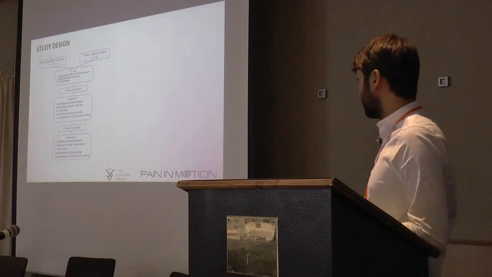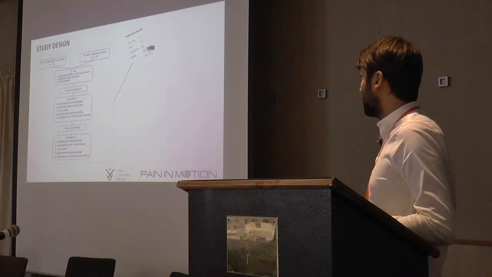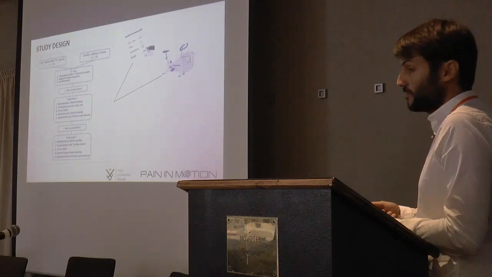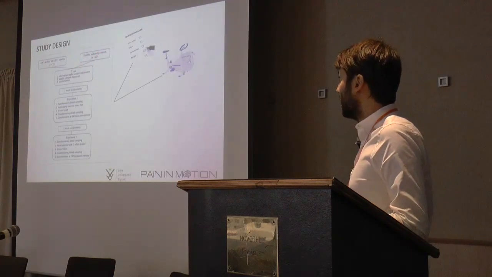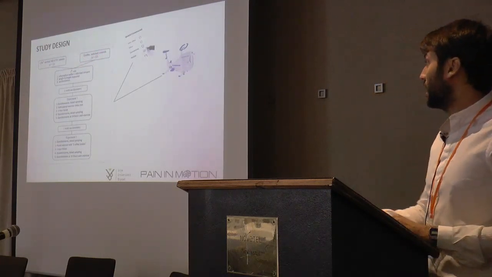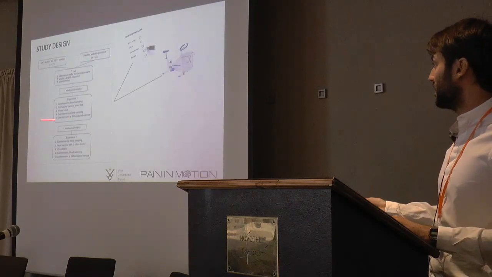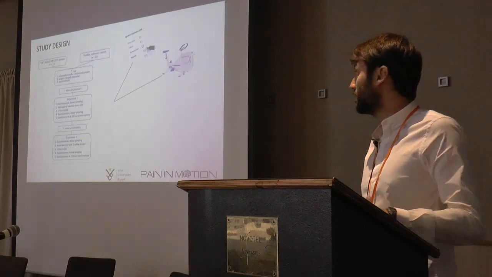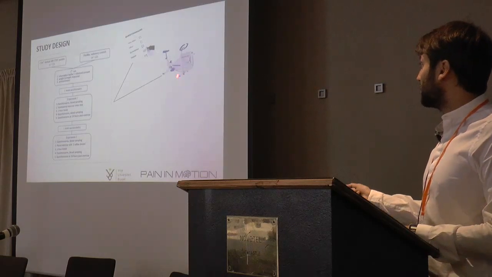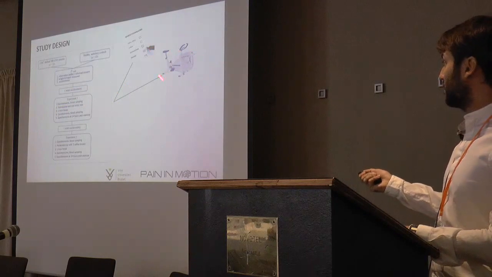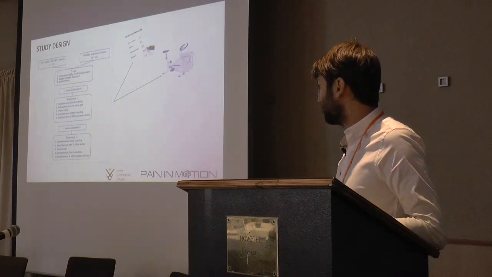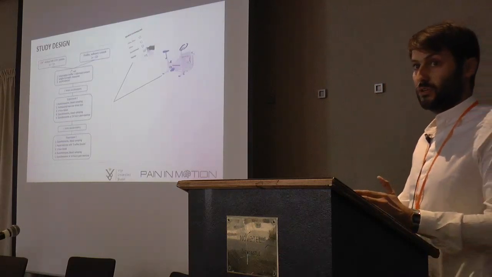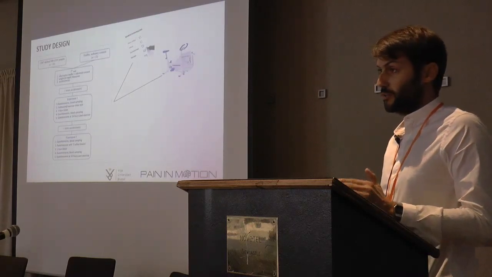So what we did is that we enrolled 22 people with chronic fatigue syndrome and 22 healthy sedentary controls. If they were willing to participate, we asked them to come to the hospital twice. The first time we asked them to perform a submaximal exercise test, a standardized test known also as the aerobic power index.